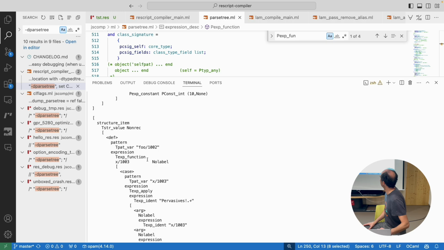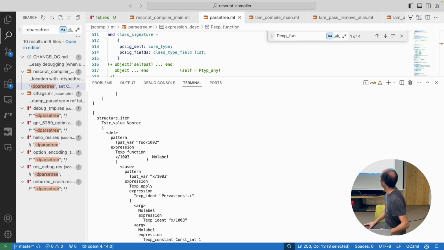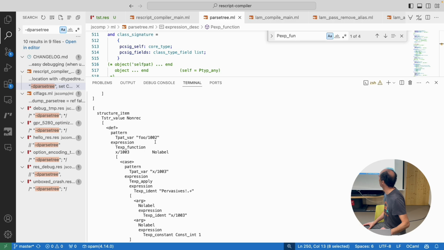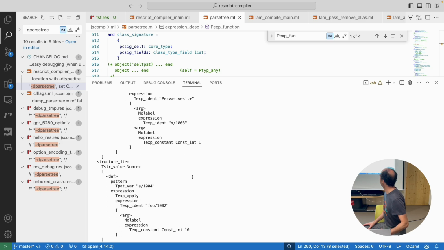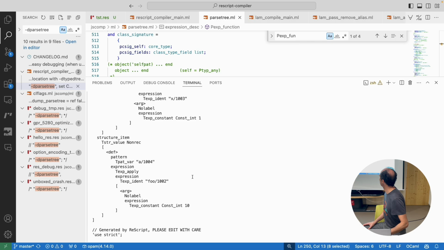So the typed one is almost identical. The only thing is that foo has a certain identifier, so if you have several variables declared, it knows which one you are referring to, like if you apply shadowing. It has figured out what you mean by plus, so it's defining pervasives. And other than that, not much has happened.